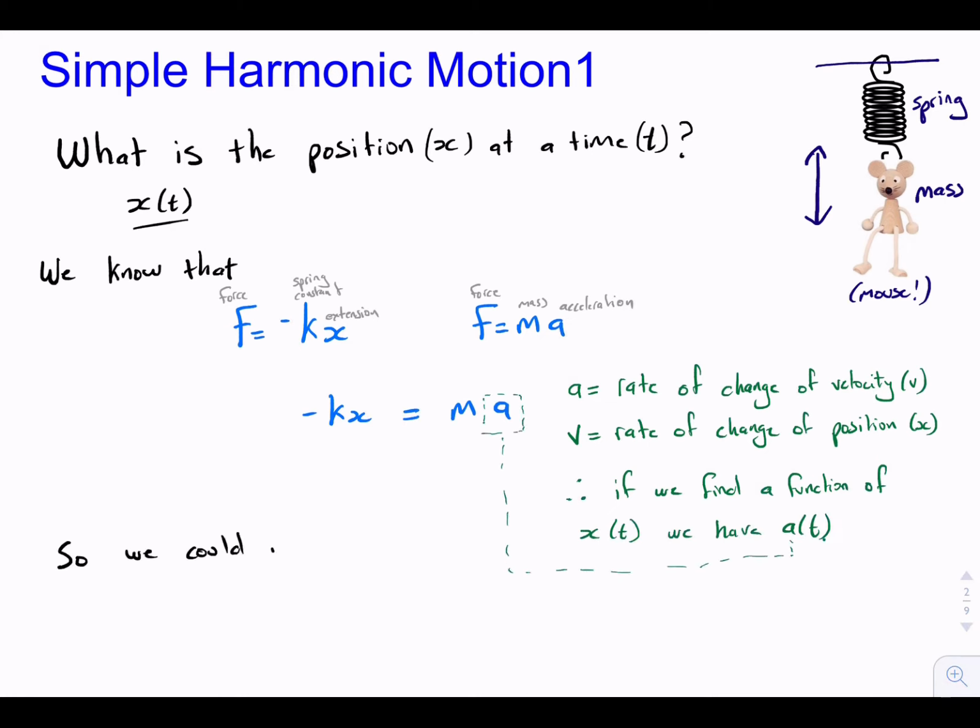We can write that acceleration as a function of time equals d squared x on dt squared. Therefore, we can write that minus kx equals m d squared x over dt squared. Rate of change is one way of saying taking the derivative, which is the mathematical term for this concept.